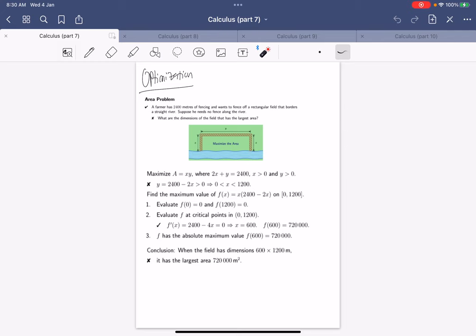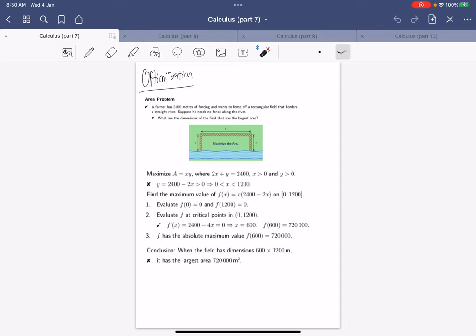So let's begin with the first problem, where we want to find the largest area of a field. To maximize the area, the equation is x times y. And we know the constraint is that he only has 2,400 meters of material for fencing.